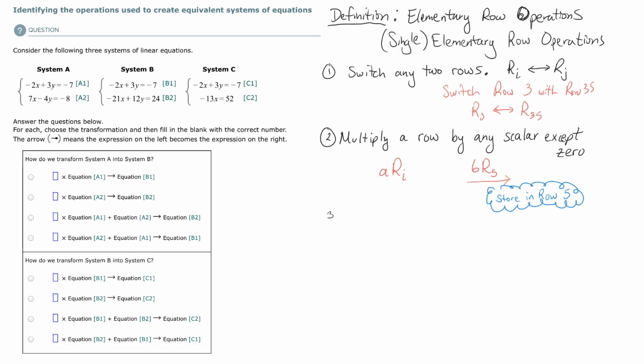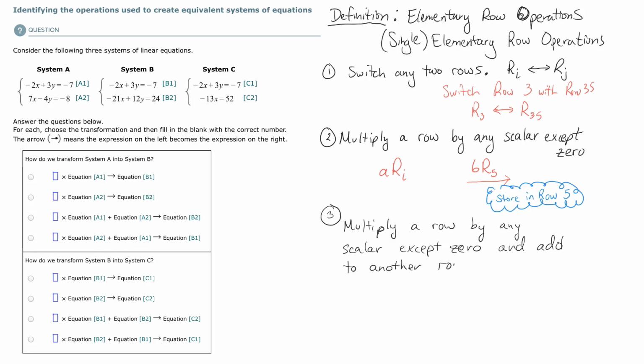One last elementary row operation, and that is we could multiply a row by any scalar except 0 and add to another row.